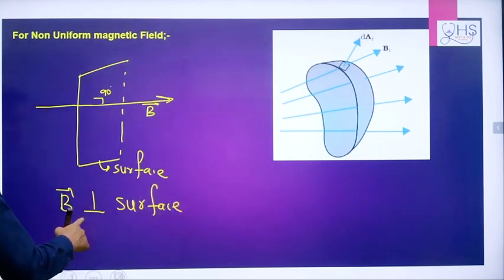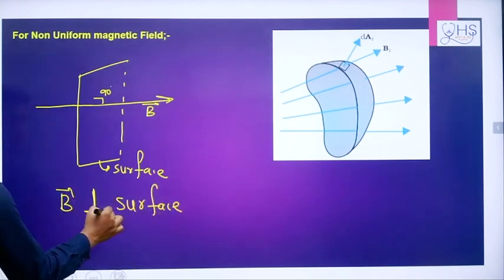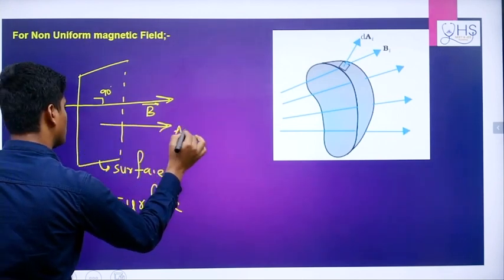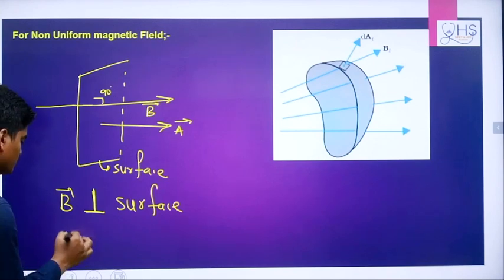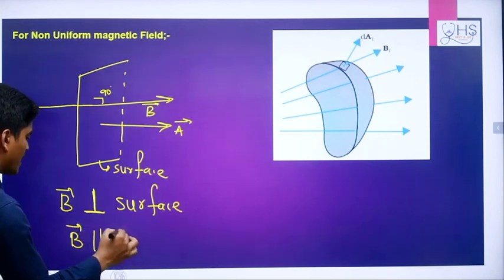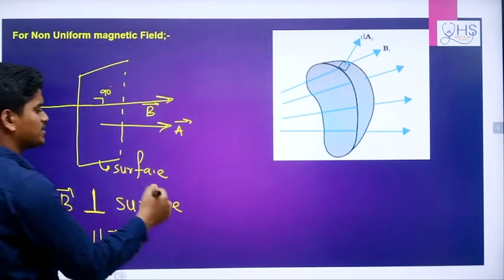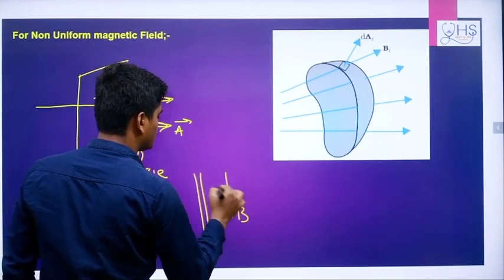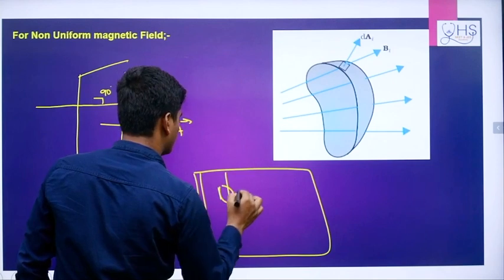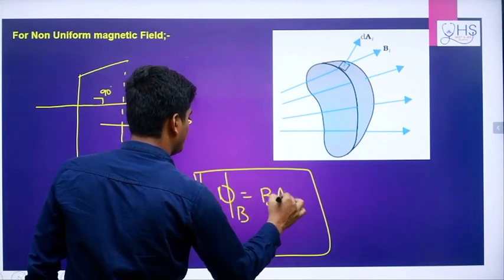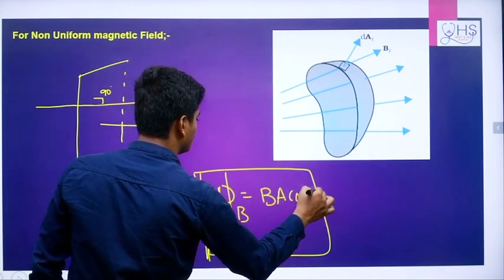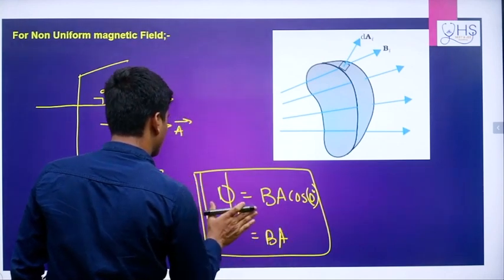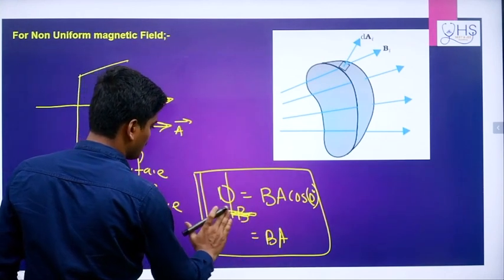If the B vector is perpendicular to the surface, that time the area vector is also in the direction of the magnetic field. So the area vector will be parallel to the magnetic field. If the area vector is parallel to the magnetic field, then the flux will come BA cos 0 degree. So the flux will come BA.